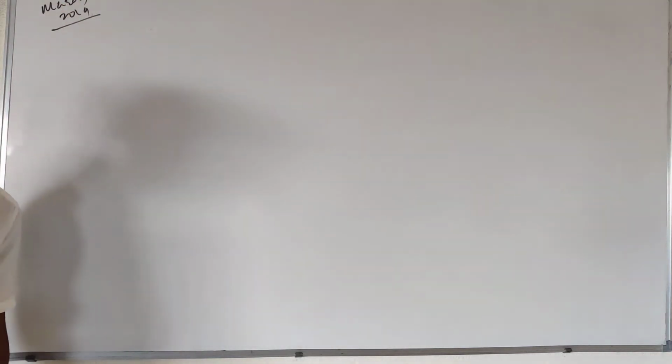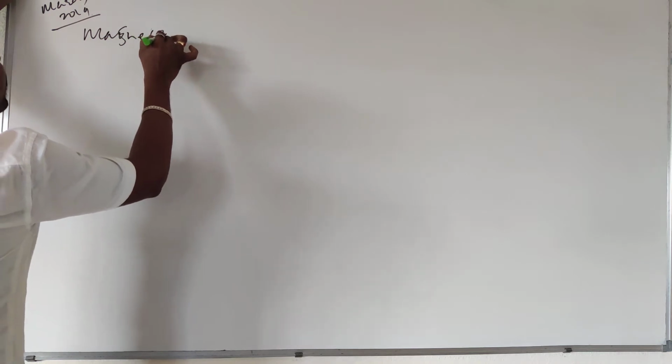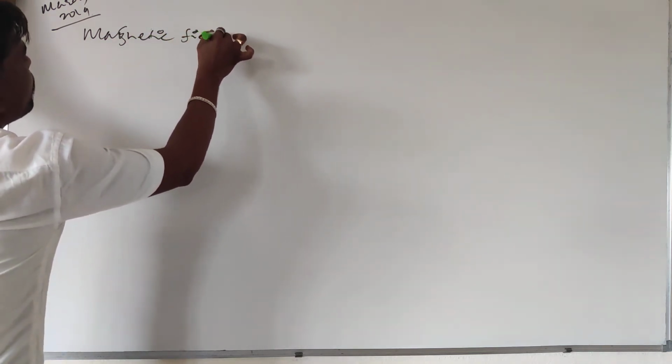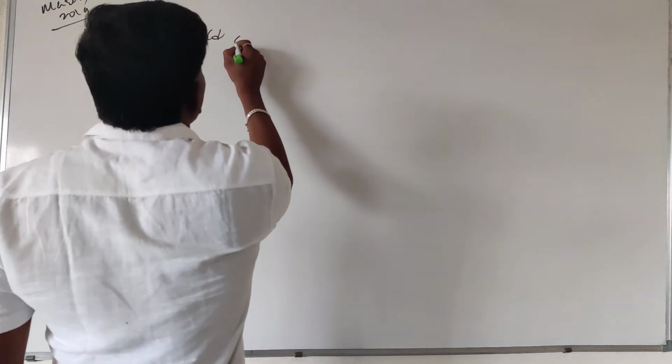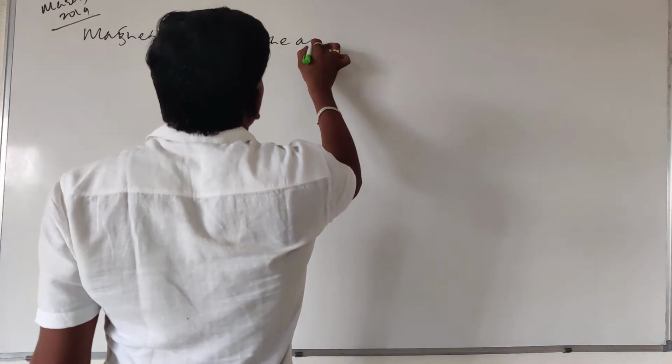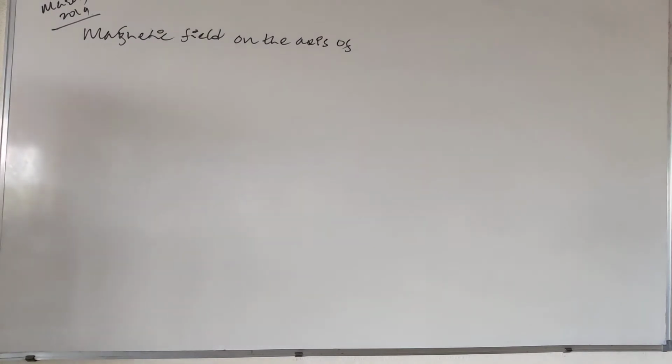So the expression is the magnetic field on the axis of a circular current loop.